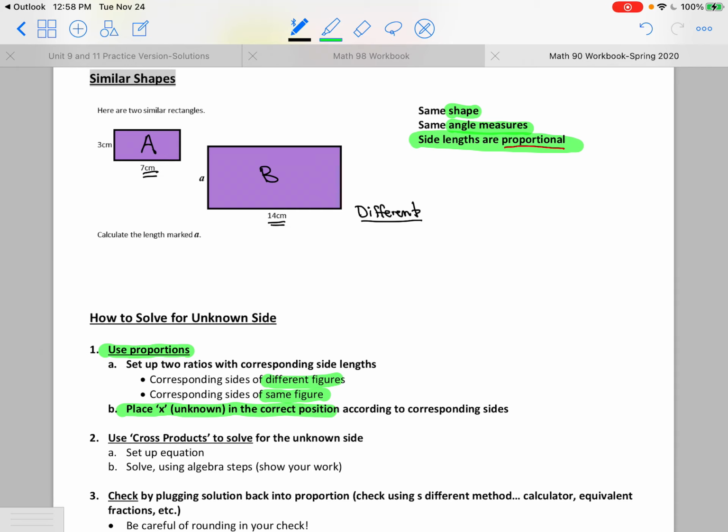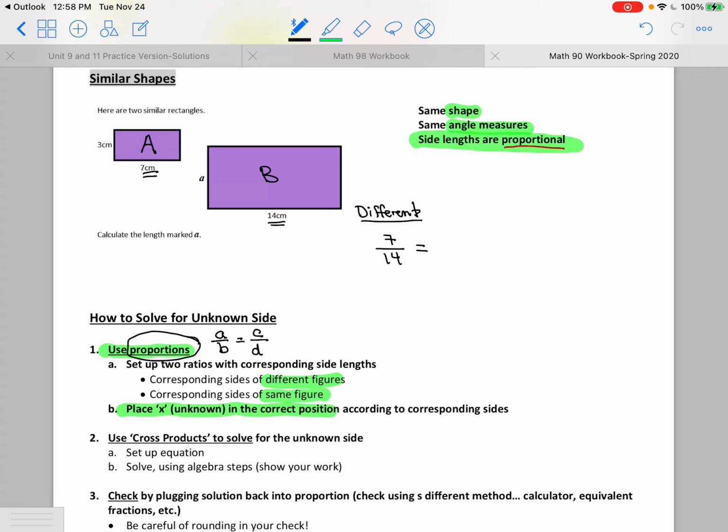For example, we would set up our lengths over each other. So I could set up A over B. I could say, all right, this is 7 over 14 is equal to, remember I'm setting up a proportion, and a proportion is A over B is equal to C over D.